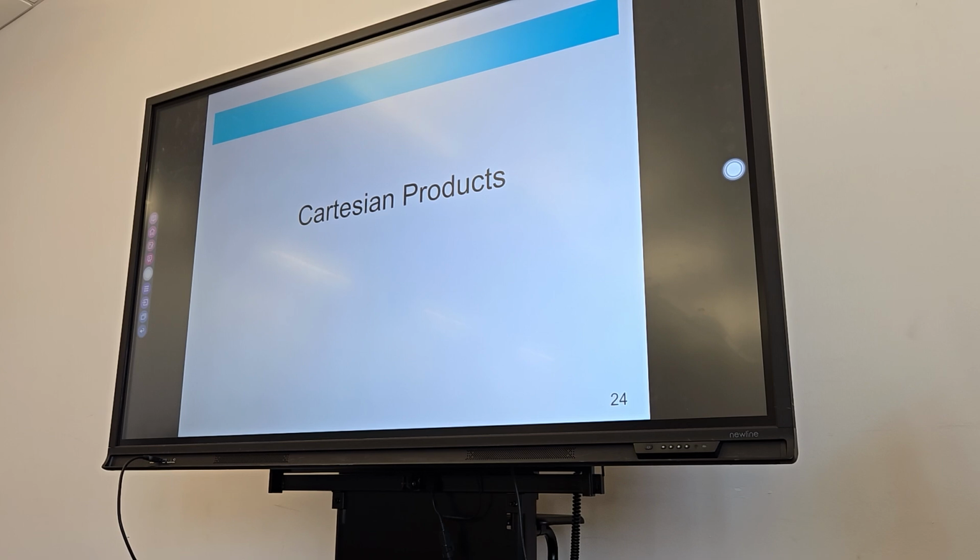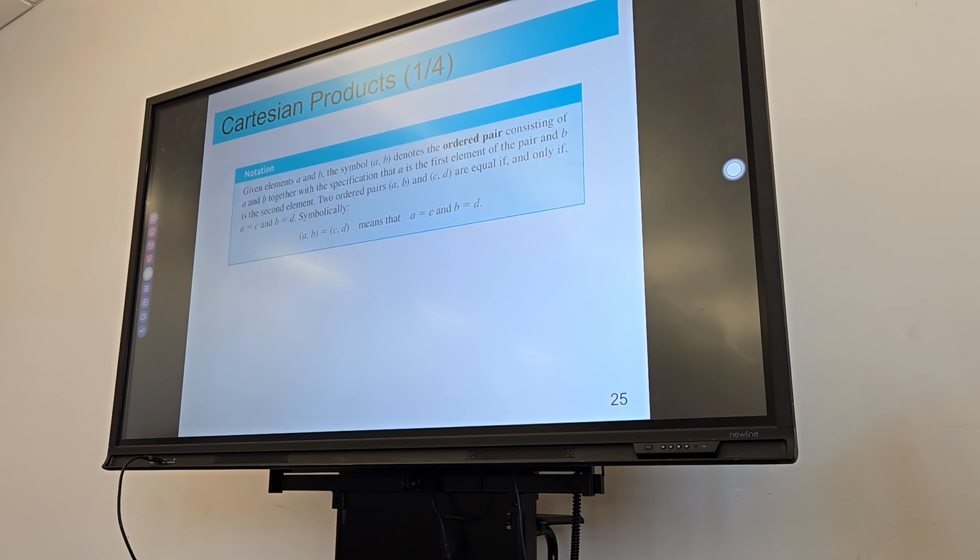Okay, Cartesian products. Combining two sets. Given elements A and B, the symbol (A, B) denotes an ordered pair consisting of A and B together with a specification that A is the first element of the pair and B is the second element.